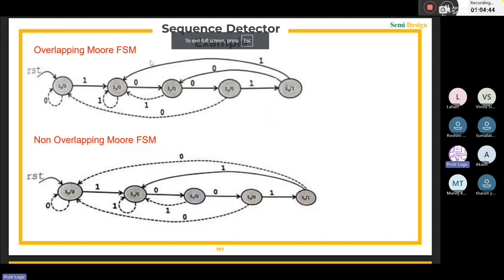Same, see here, for the Moore machine. The first one is overlapping. Overlapping means what?